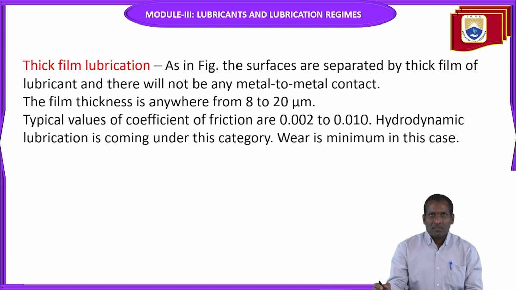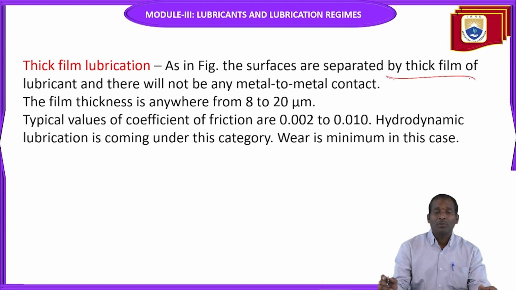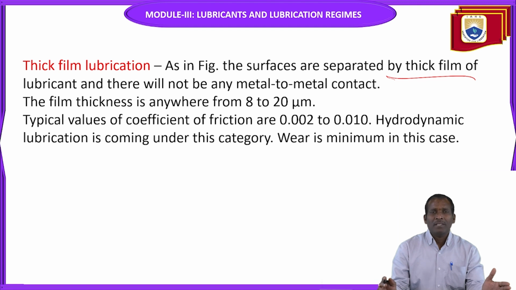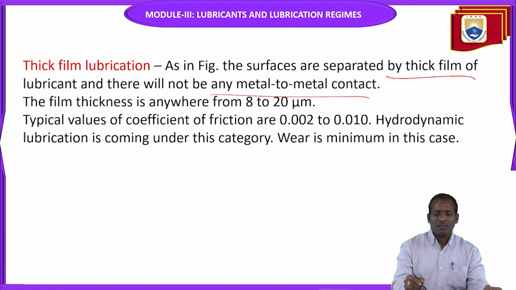Next, thick film lubrication as shown in the figure. The surfaces are separated by a thick film of lubricant. As I already told you, there is a good separation between the two surfaces and there will not be any metal to metal contact, which means proper lubrication is being supplied. The fluid film thickness is anywhere from 8 to 20 micrometers.